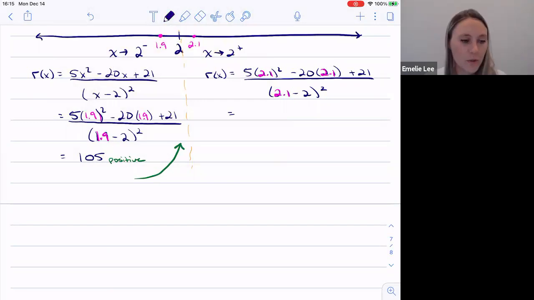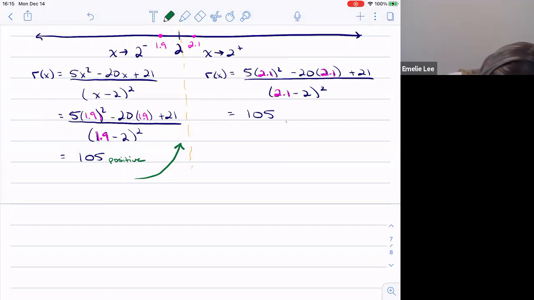All right, 2.1 squared times 5 minus bracket 20 times 2.1 plus 21 divided by bracket 2.1 minus 2 end bracket squared end bracket, positive 105 again. It's no fluke, right? They're all squared.